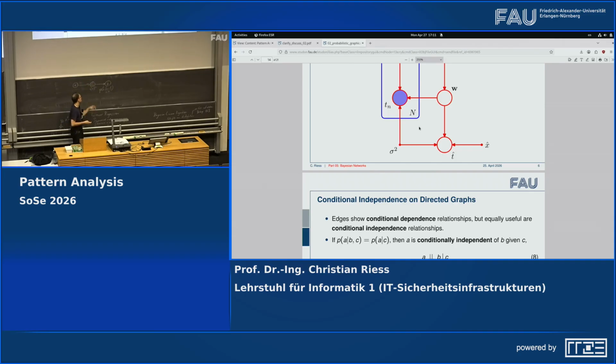No? If we wouldn't know that C has the value 5, so if this is arbitrary, then things would change.